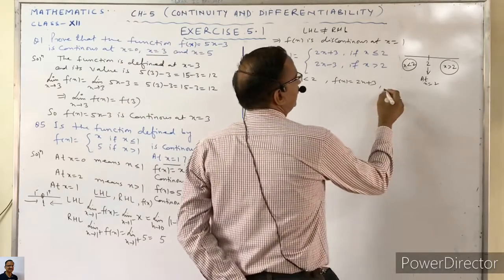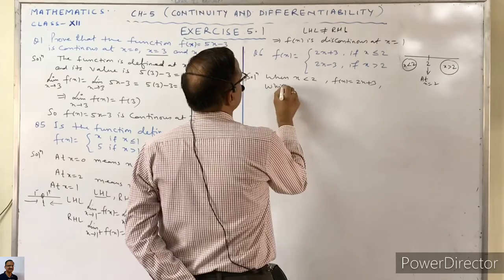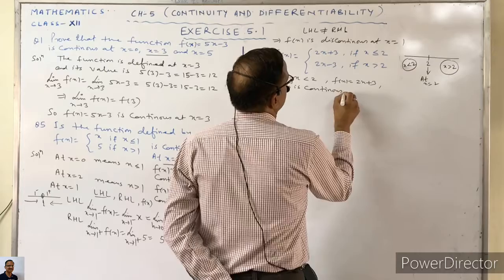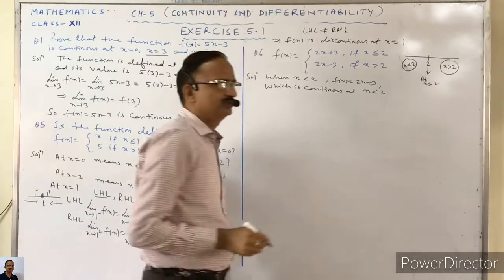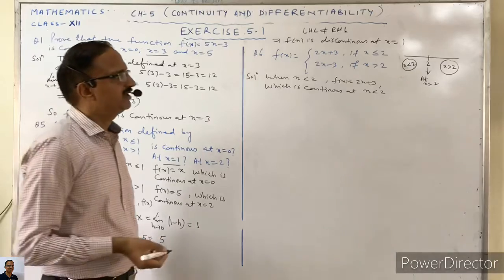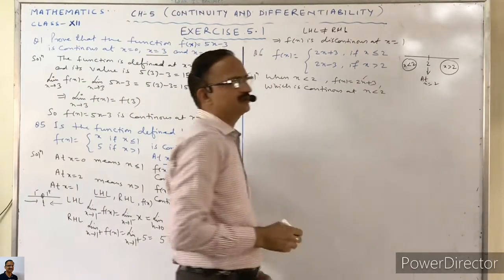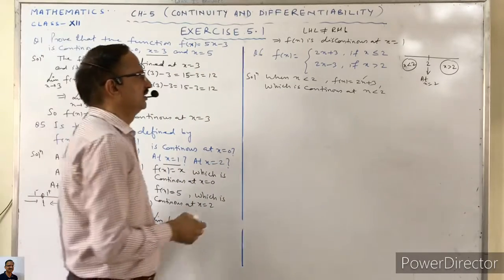So I am directly writing which is continuous at x less than 2. Take any point less than 2, and for all the points this function is continuous. So no need to prove this.